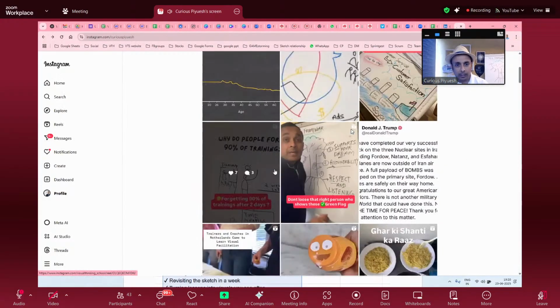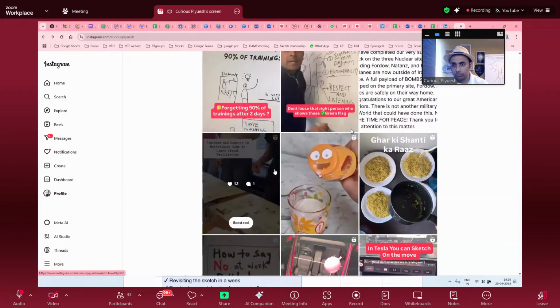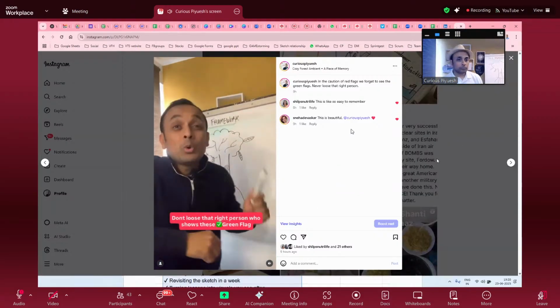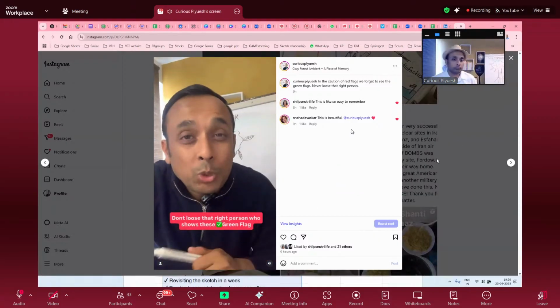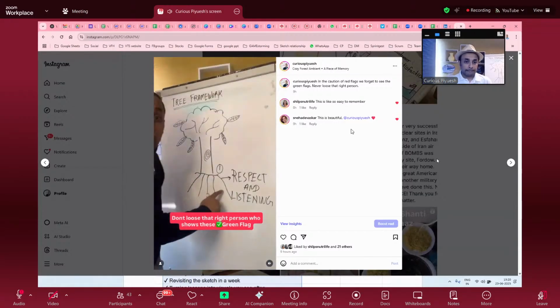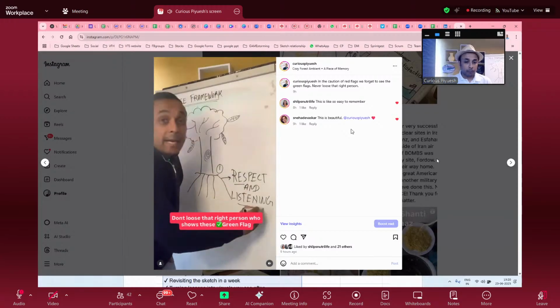And then this one is, where is the one? This one. This tree will help you notice those green flags so that you don't lose the right person. The first rule is the root of the tree: respect and listening.